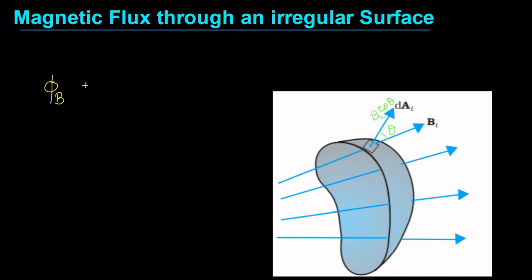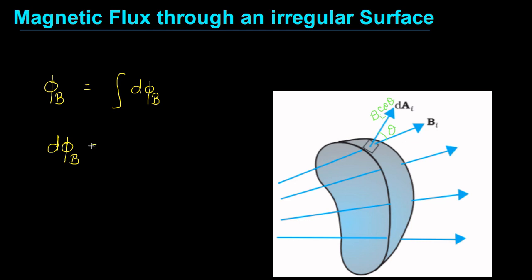So what may be the magnetic flux phi b? Phi b is the flux through the entire surface area. So many d phi's may be considered. If we integrate all these elementary magnetic fluxes, then we get the total flux phi b. What is d phi b?